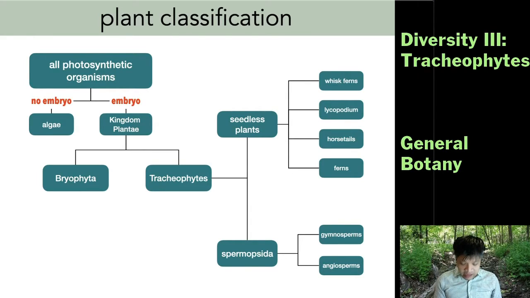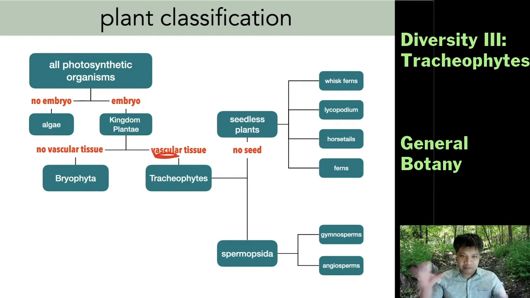If they don't have vascular tissue, they are in division Bryophyta, and the rest are in division Tracheophyta, with vascular tissue. If they don't have seeds, we call them seedless plants, which is a bunch of different groups together. If they have seeds, we call them Spermopsida, or seed plants.